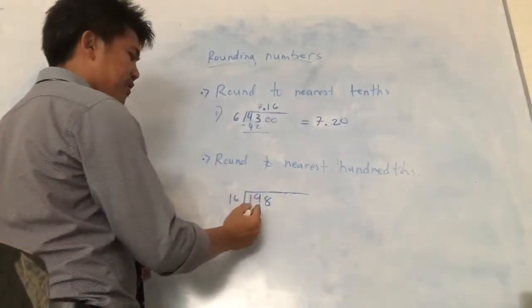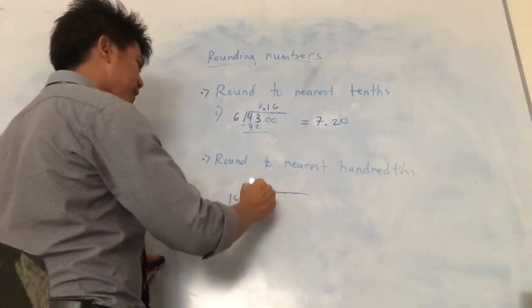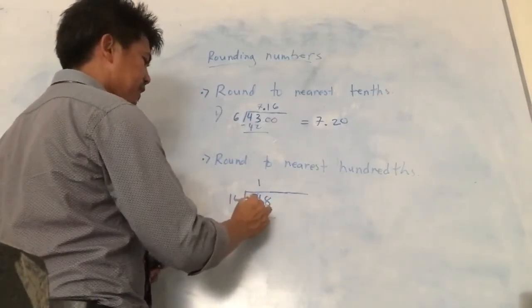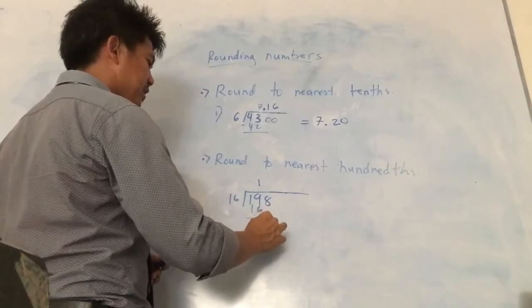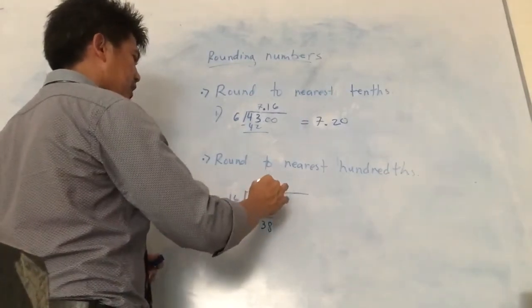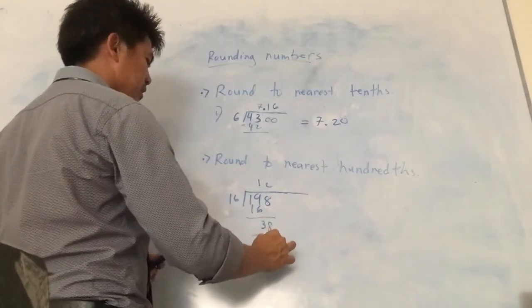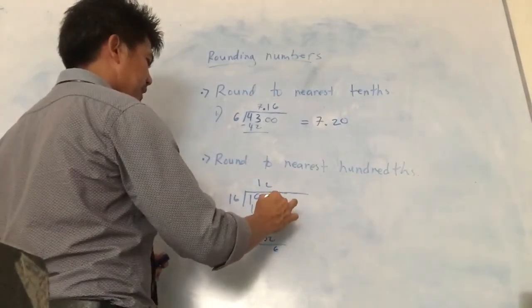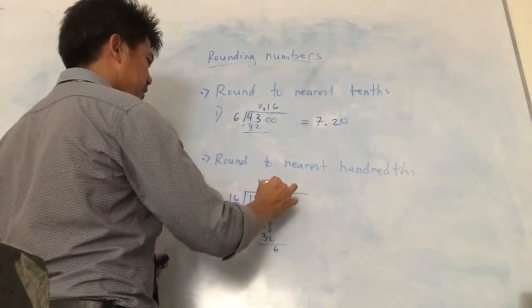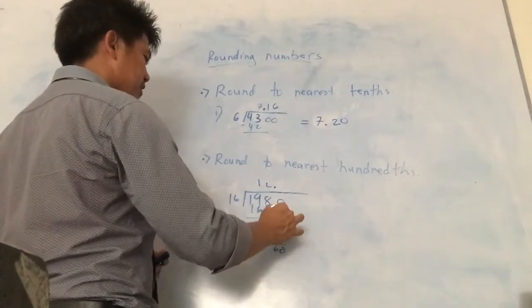Okay, so let's solve some exercises. This is 198 divided by 16, that is 1. 19 minus 16 is 3. 38, this is 2. 32 minus, this is 6. And add 0, decimal there, 60.